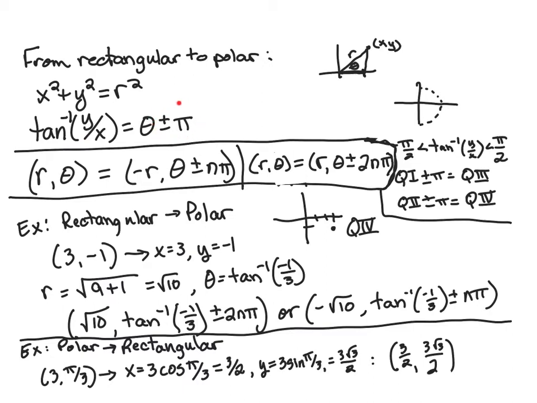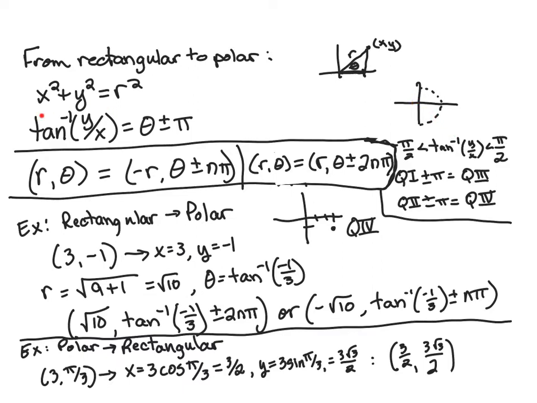Now, this right here, you're going to know what quadrant your point is in. The inverse tangent only gives us minus pi over 2 to plus pi over 2. So if you're in quadrant 4, in the negatives here, you want to add 2 pi to make it a positive theta. But what if you were in quadrant 2?